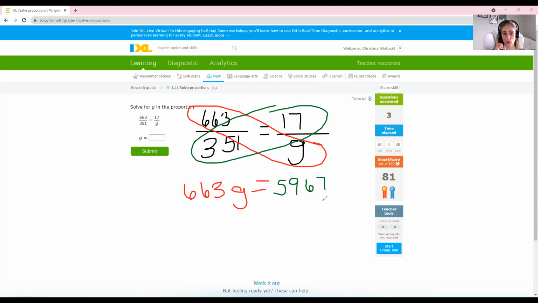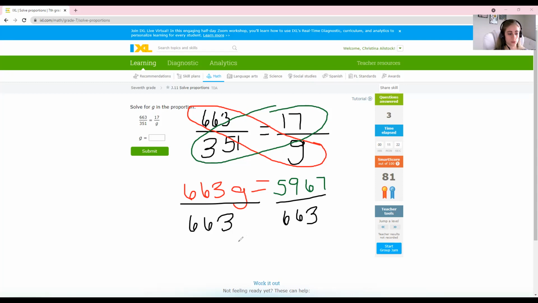All right, one more step, and that is to divide, because we have 663 times G. So to undo that, to figure out what G is, we're going to divide both sides by 663. 663 divided by 663 is 1.